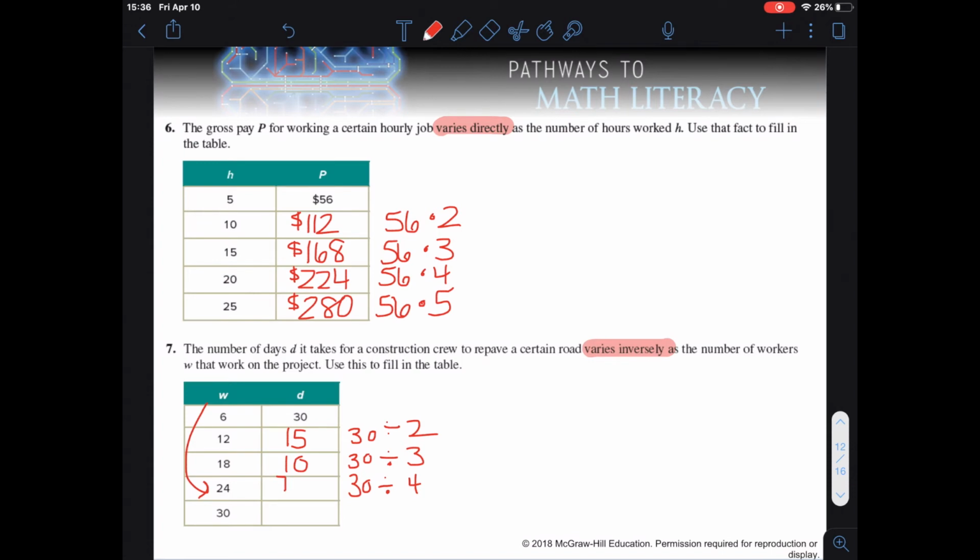So it's going to take 7.5 days to go through this project. And finally, if we multiply the number of workers by 5, we should divide the number of days by 5 by doing the opposite. So if we have 30 workers, it's instead going to take us 6 days.